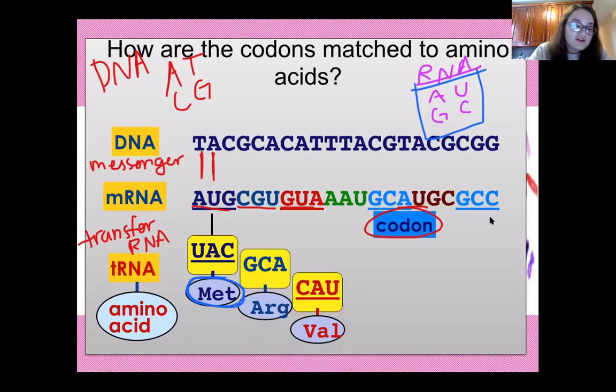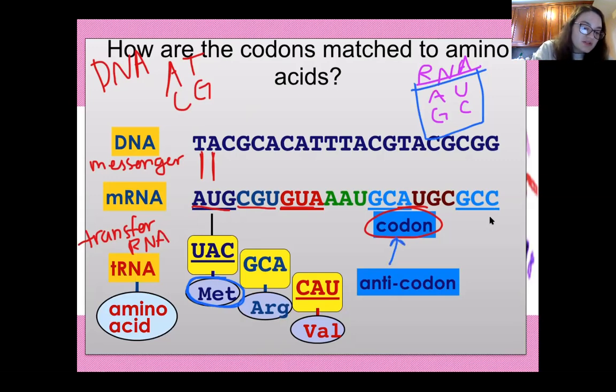Now, tRNA's codons actually have a fancy word. We call them anticodons. And we call them that because they are essentially the opposite of the original codons. So whenever you see the word anticodon, we're talking about tRNA.